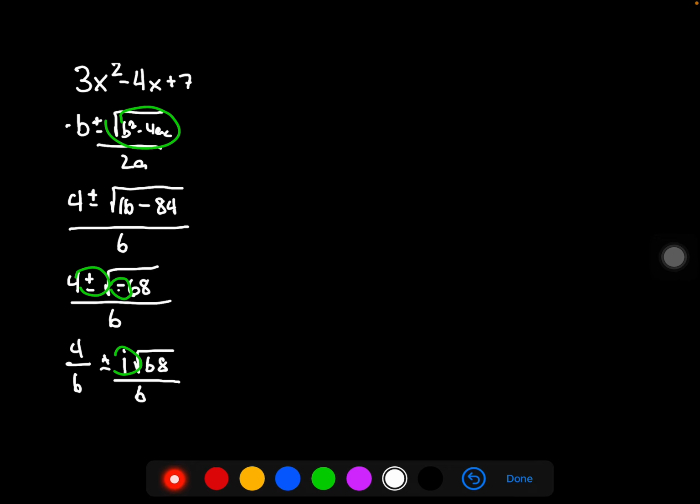So 4 over 6 has a common factor. We've got common factors in the numerator and the denominator of 2, so that's 2/3. And that's still plus or minus. And we can pull out a 4 from 68. 4 times 17. So when we have square roots here, we still have i. We can simplify, or we can break this up into parts. The square root of 68 is in fact the square root of 4 times the square root of 17.